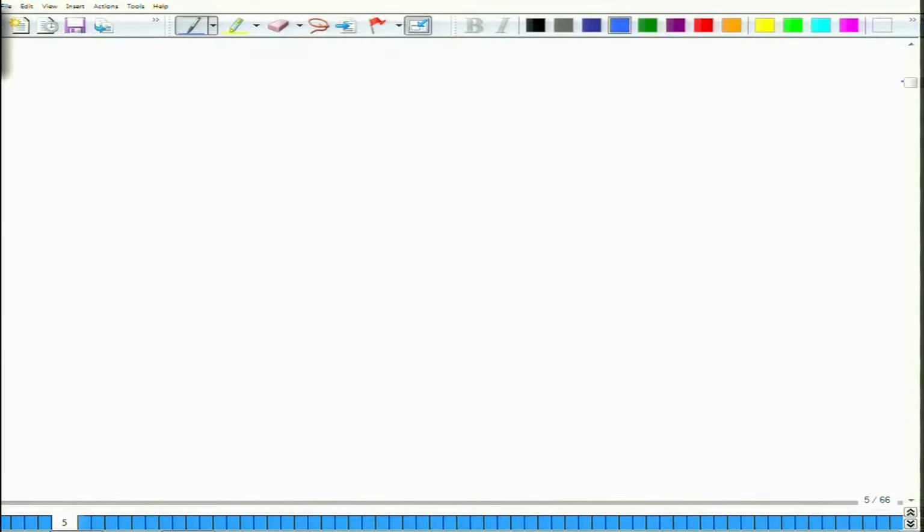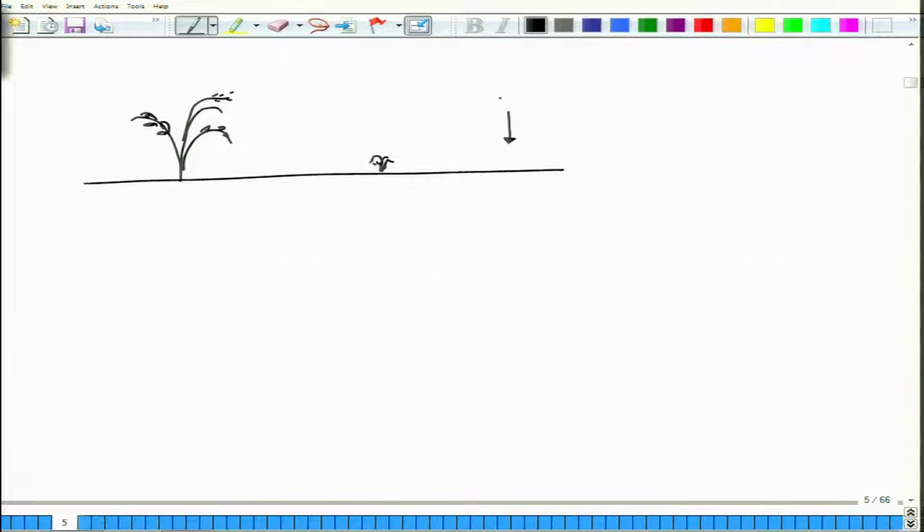So this is what you see. You have these crops growing, and once the season is over, the stumps are left which are being burned. Okay.